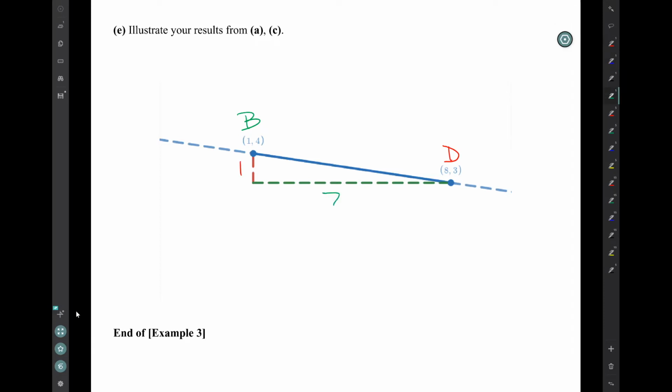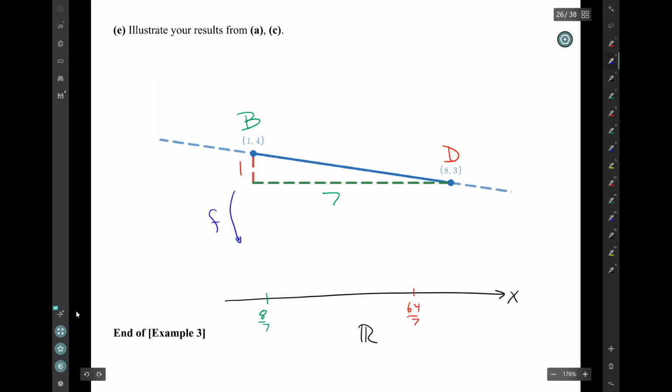And if we think about that in terms of the coordinates, if I find the coordinate of B, I get this number, 8/7, and I find the coordinate of D, I get this number, 64/7. The difference between those numbers is the number 8.